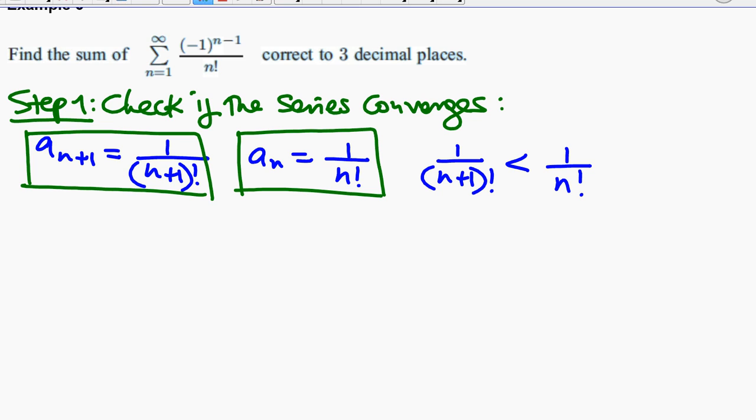So we can say that S sub n plus 1 is less than S sub n. And that's one of the conditions that we have to check for convergence.